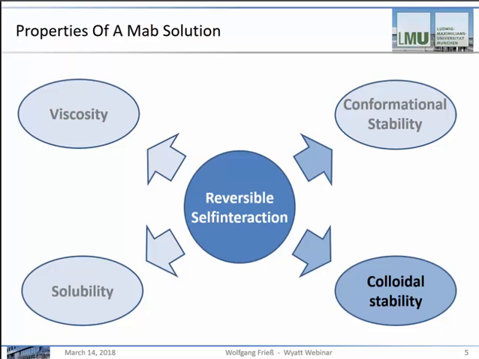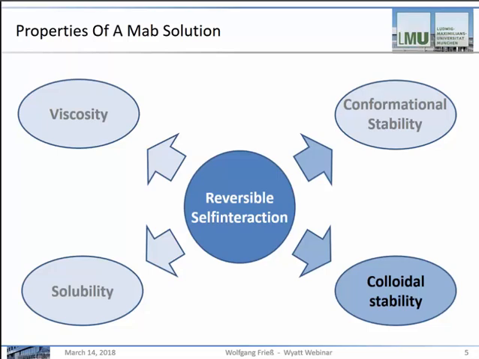And if the reversible self-interaction is already initially pronounced and attractive, this can be even enhanced if an unfolding event is added on top of this substantial interaction. On the other hand, if conformational instability occurs and unfolding occurs, but there is repulsive interaction, it may mean that although unfolding occurs, aggregation may not necessarily occur.